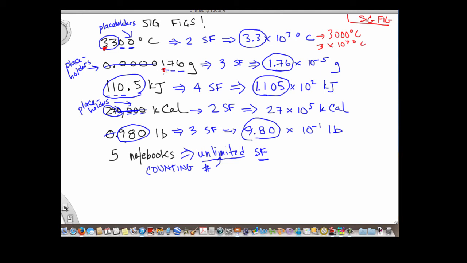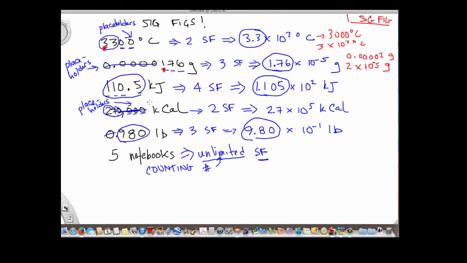Rewriting this number to 1 sig fig. Here's our 1 sig fig. Our next digit now is greater than 5. So that means that this guy has to be rounded up. So we could rewrite this as 1 sig fig as 0.00002 grams, or in scientific notation, 2 times 10 to the minus fifth grams.